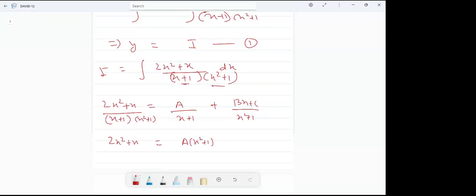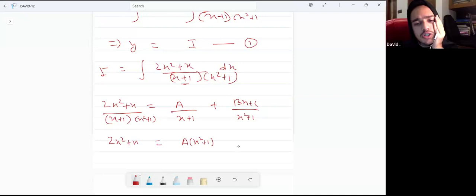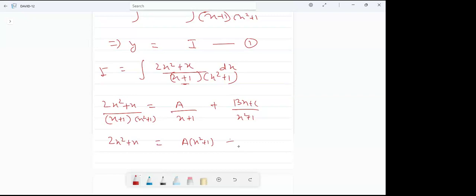And for quadratic, we have to take bx plus c in the numerator, plus (bx plus c) times (x plus 1). And the denominator will be cancelled out if we take the LCM, right? Yes, sir.